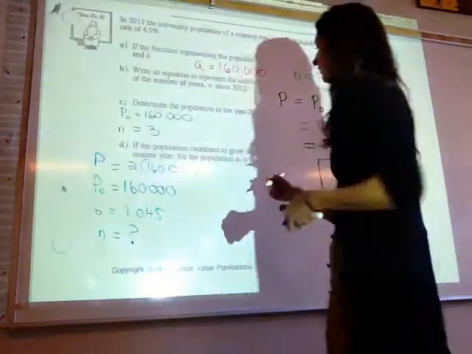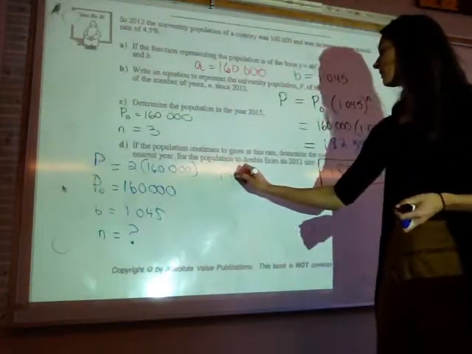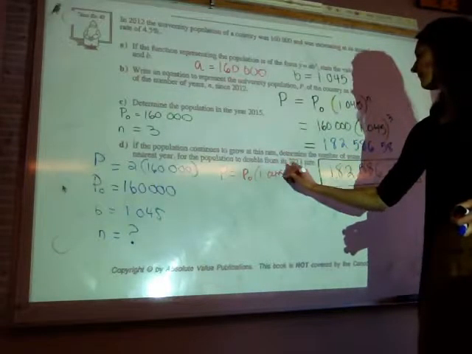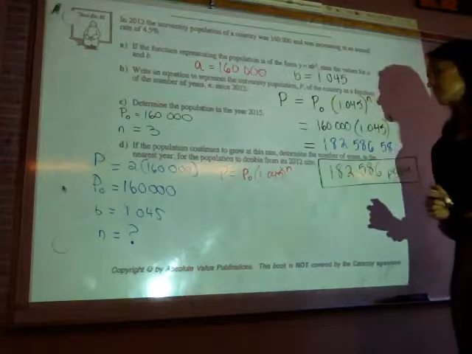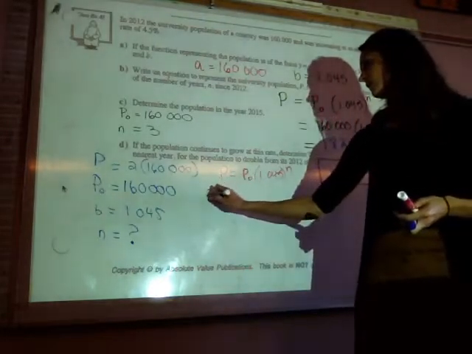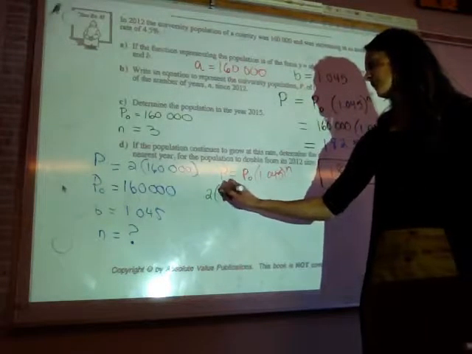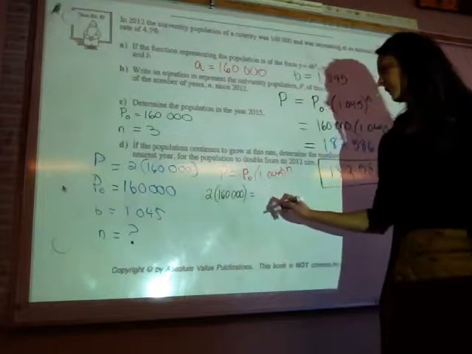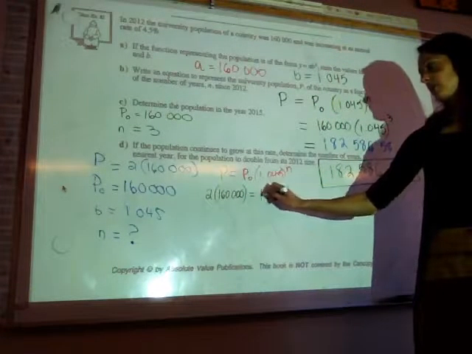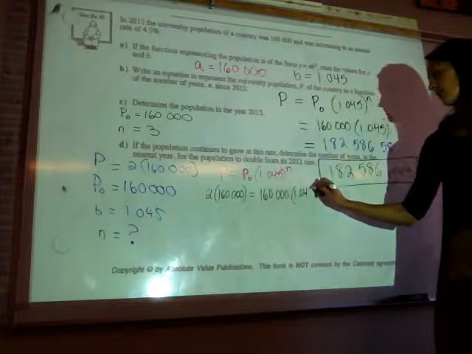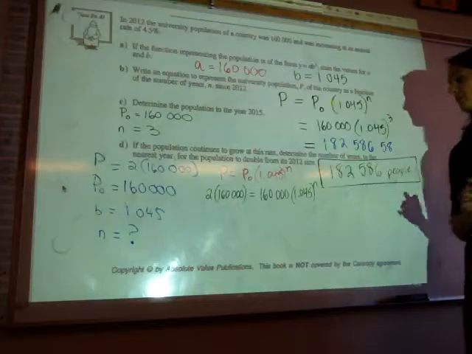So plugging in, let's just write the equation again, and sub in what we know. So the final population is 2 times 160,000. That's going to be equal to our initial population, 160,000, times 1.045 to the power of n.